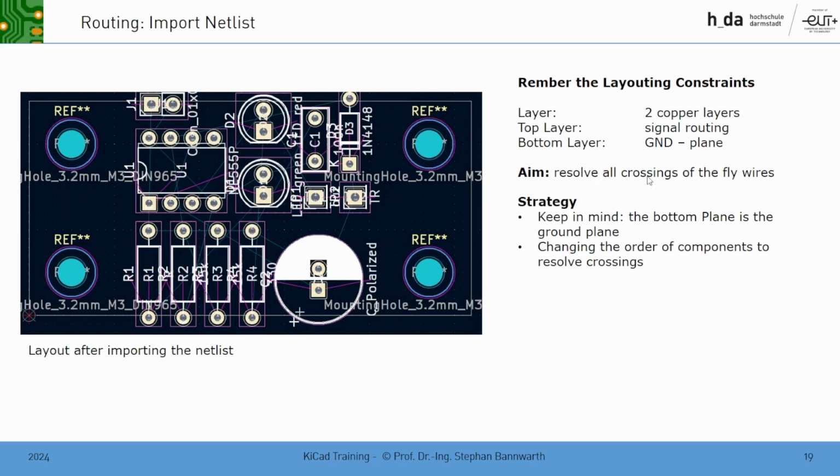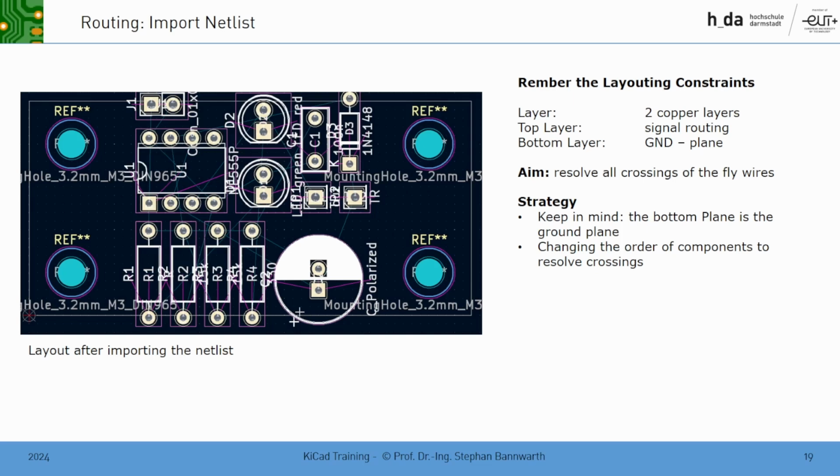So that's what we do. We solve all crossings of the fly lines or fly wires. And we can, of course, change the order of components. What does it mean? It means instead of a resistor in front of a light emitting diode, you can also put a light emitting diode in front of a resistor. Electrically, it's the same, but it might help you to make your routing easier.